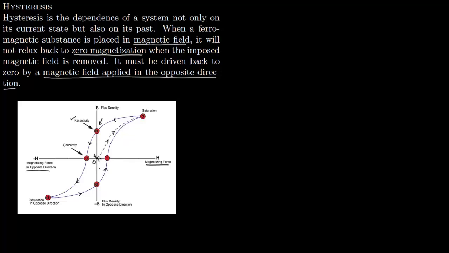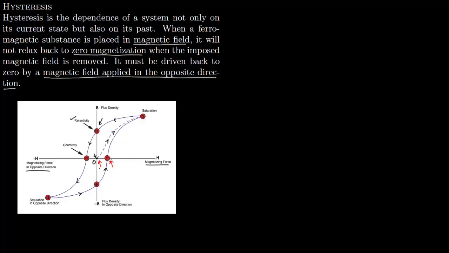So notice that the past has played a role. Our initial point was here. This was our initial point and this is our final point. So notice that the final point F depends upon the initial point.